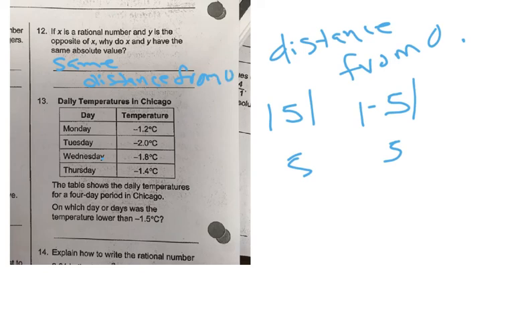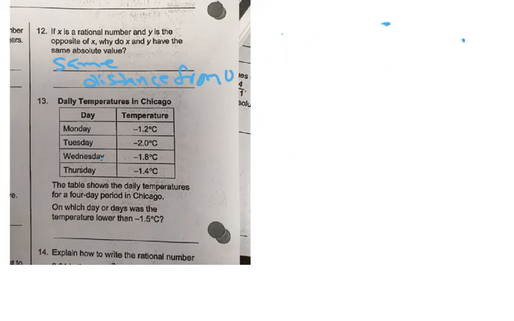All right, so let's look at number 13. Number 13 says, the table shows the daily temperatures for a 4-day period in Chicago. Which temperatures were lower than -1.5 degrees Celsius? Well, I'm going to draw a number line.